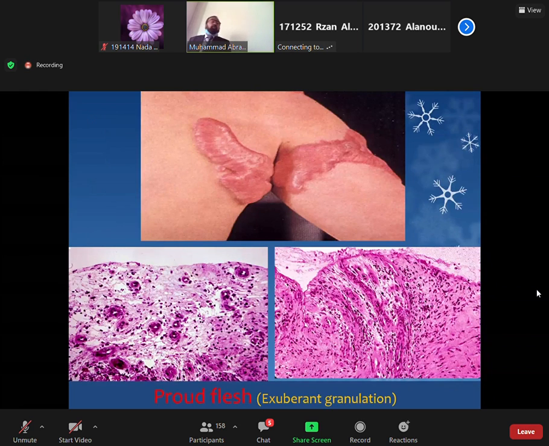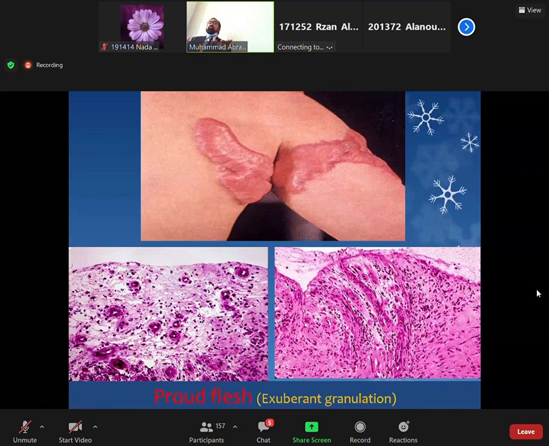This is proud flesh. This is exuberant granulation tissue. For example, if there is damage, the first thing in 3 to 7 days is granulation tissue formation, which is newly formed blood vessels and fibroblastic proliferation. In these types of patients, this granulation tissue is exaggerated, exuberant.